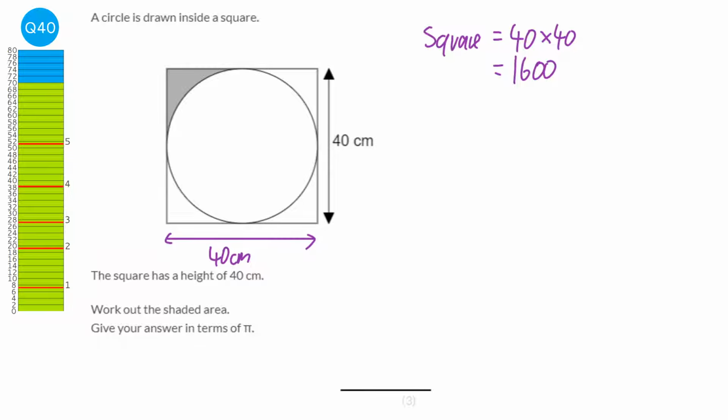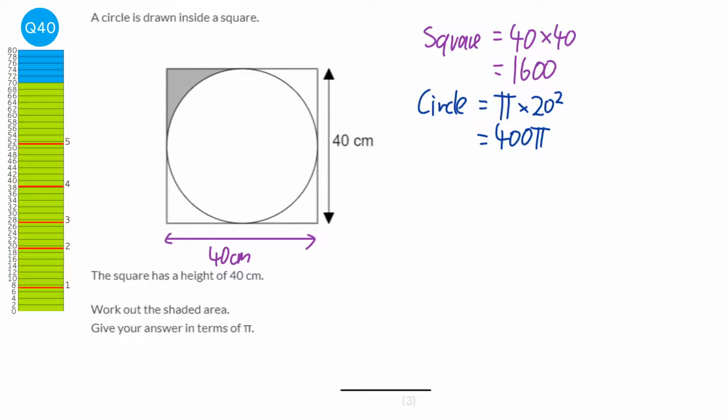So if the diameter is 40, the radius would be 20. So for the area of the circle, we're going to do pi times the radius, which is 20 squared, and 20 squared would be 400, so this will be 400 pi. This question's asking us to leave it in terms of pi, so we're going to do that.